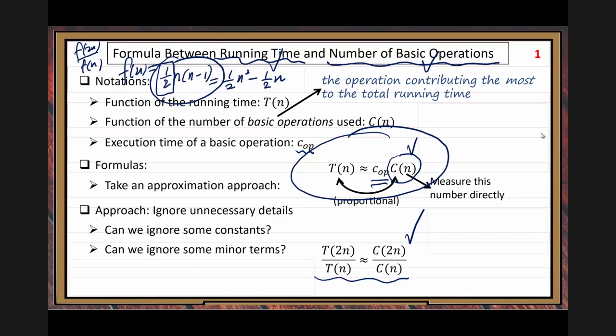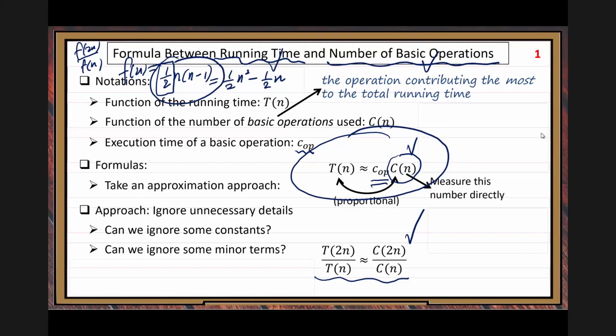If we look at this ratio, it tells us the leading coefficient is not that important. We can cancel it out. After you cancel out that leading coefficient, this ratio can still tell you how fast this function increases.